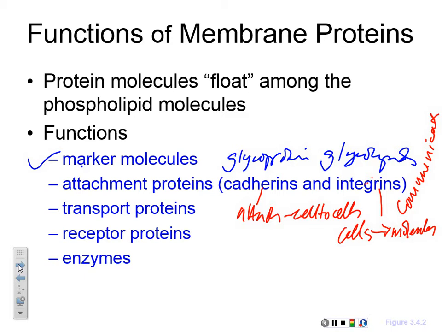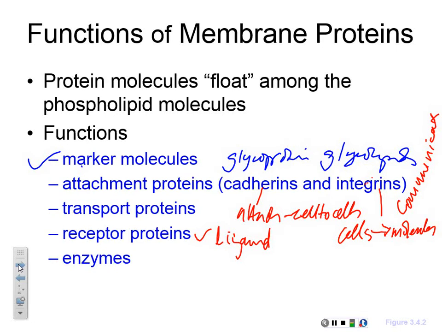So it's a similar concept to receptor proteins, because receptor proteins will have a specific site, like an enzyme lock and key, that will attach to that specific ligand. All right, so these will have a ligand attachment site, whereas generally integrins attach to any molecule, to a variety of molecules, which doesn't have specificity like receptor proteins.